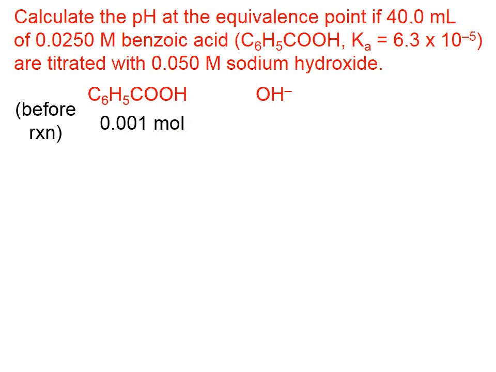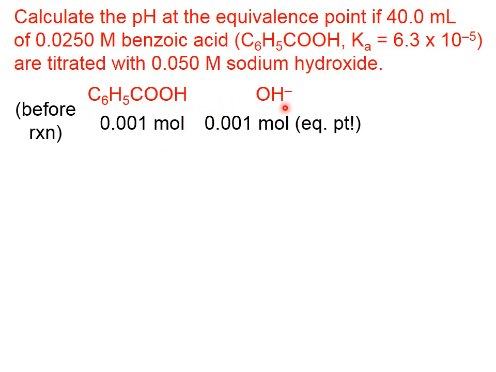How many moles of hydroxide ion do we need in this reaction? The answer is 0.001 moles, because at the equivalence point we have to add equal numbers of moles of H, which is hanging on the end of the benzoic acid molecules, and OH. This number here that I'm circling with my laser pointer, we calculated.